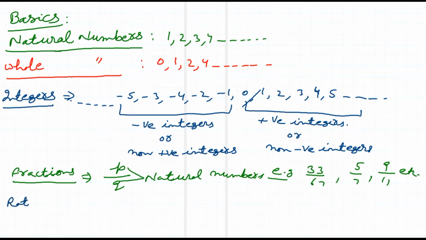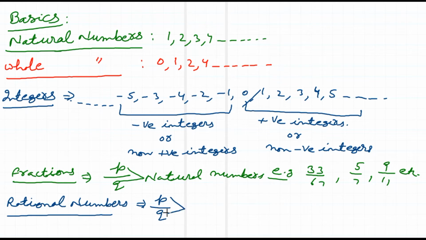Now we will move on to rational numbers. Rational numbers can also be expressed in the form P upon Q, where P and Q are integers.